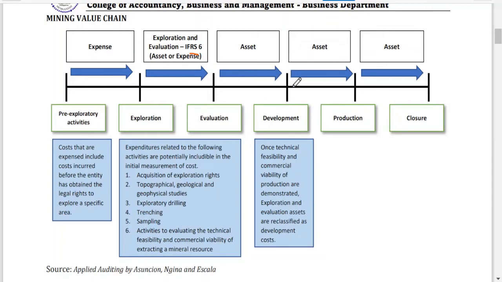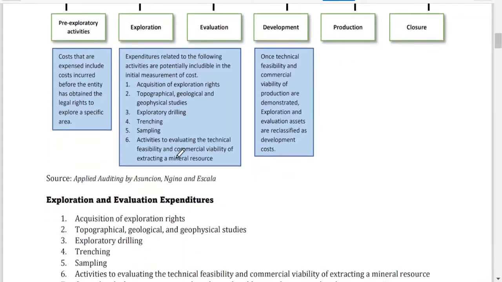At this stage, most likely we can obtain from the area, so we can classify that cost as an asset. And when we go to the stage where we're producing, that's also classified as an asset until the closure. So again, this lesson focuses on this stage, the exploration and evaluation of mineral resources.